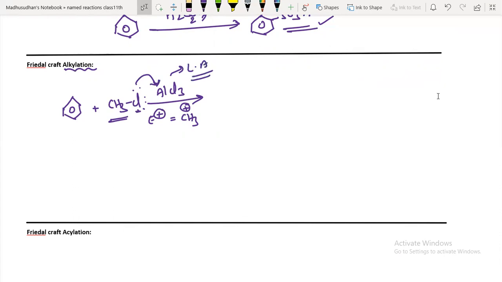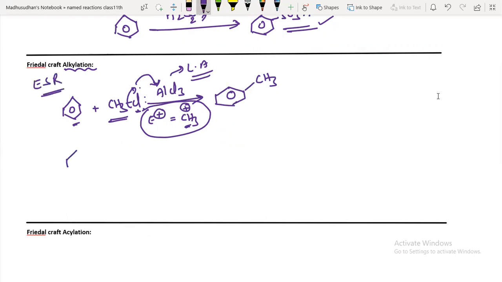So Cl minus is gone and CH3 plus is left, and that is your electrophile in alkylation. This electrophile replaces one H plus from the benzene ring. You will get methyl benzene. So it is also a type of electrophilic substitution reaction.